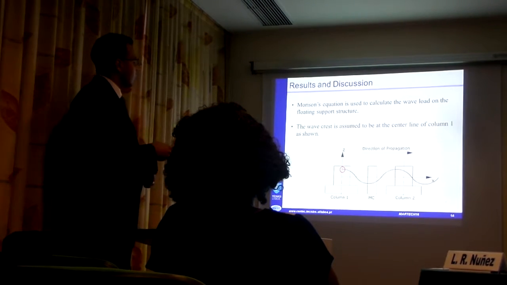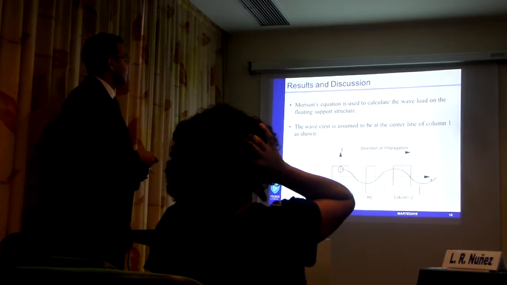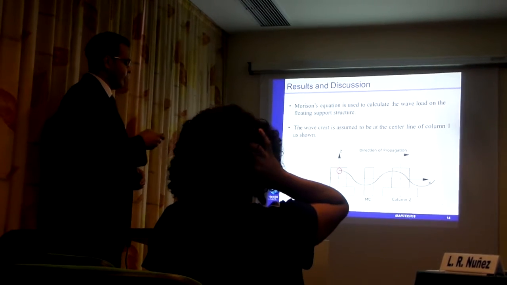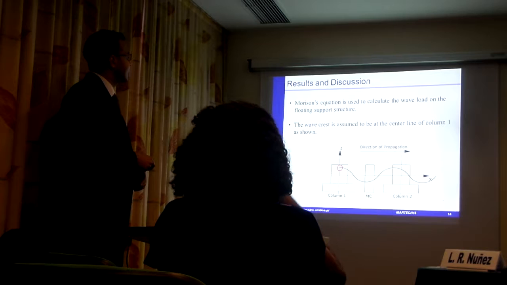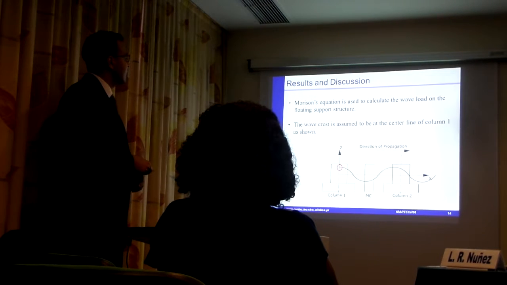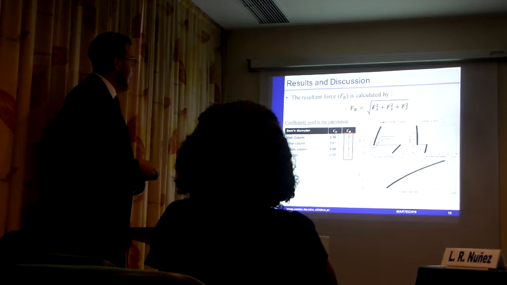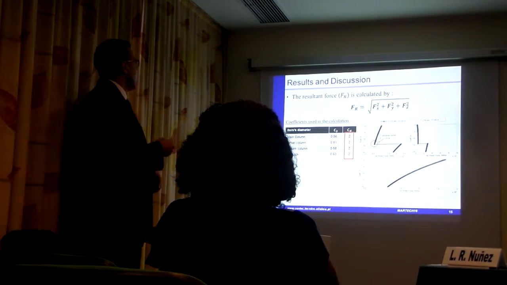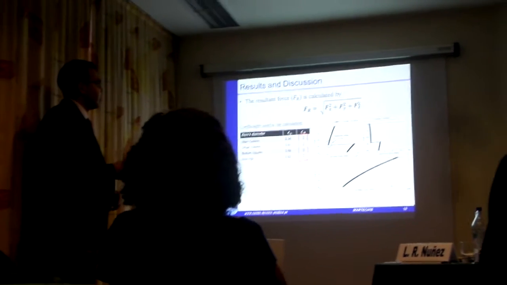To estimate the wave load on the semi-submersible, I have assumed that the wave crest is at the center line of column 1, as we can see. The resultant force that is calculated is given by this equation.